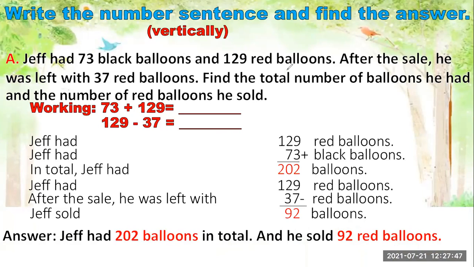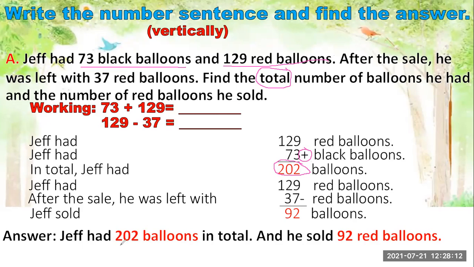So to find the total, we will use the plus sign. That's why we have a plus sign here. So if we add the 73 black balloons and the 129 red balloons, the total is 202 balloons. So we have already found the total number of balloons that he had.